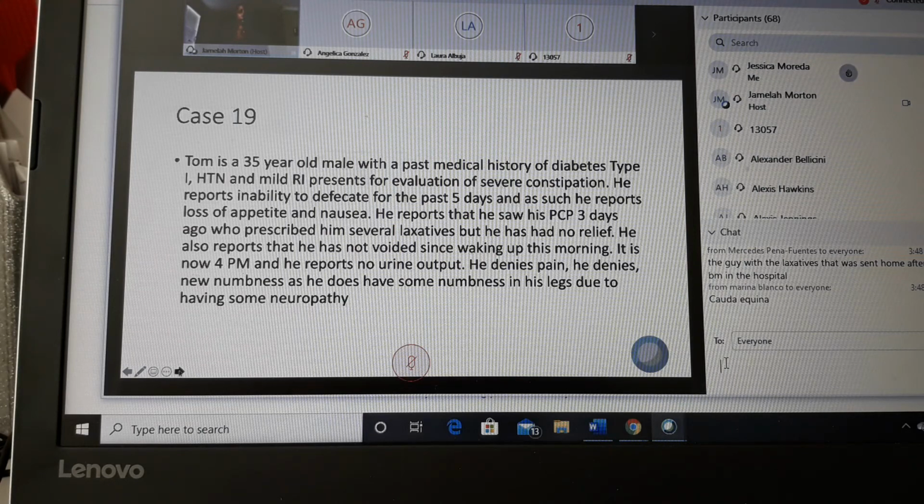He reports that he has not voided since waking up this morning. It is now 4 p.m. And he has no urine output. He denies pain. He denies any numbness, though he does have some numbness in his legs due to neuropathy. Okay.